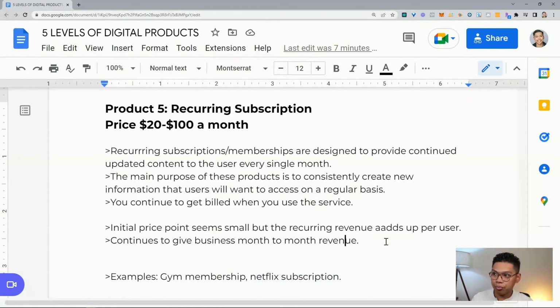Okay. So again, this is the fifth level of a digital product, which is the subscription based model. I personally have a subscription based model where I sell through affiliate software, where it could be a website, email marketing, funnels. I like funnels because they pay $100 a month and I get a 30% commission.